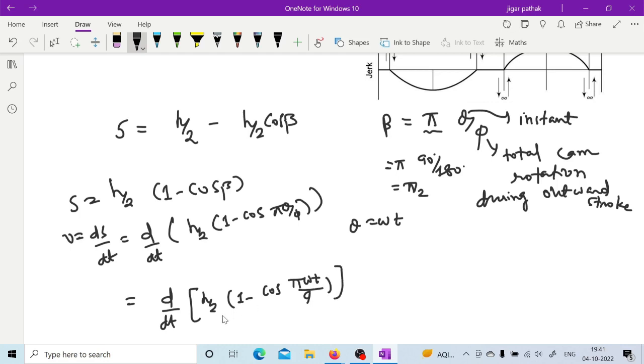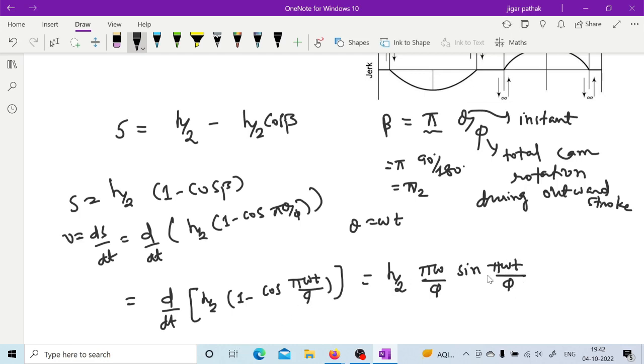So if you differentiate this, the derivative of 1 will be 0 because it is a constant. Then cos of pi omega t upon phi will have its derivative as minus sine of pi omega t by phi times pi omega upon phi, so minus minus will be plus.